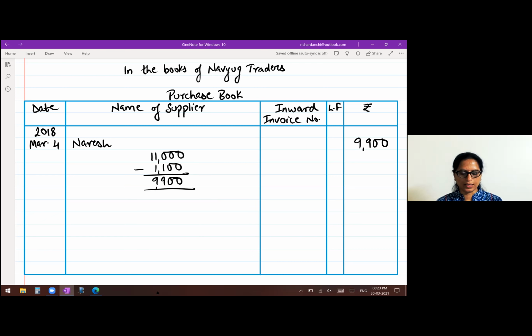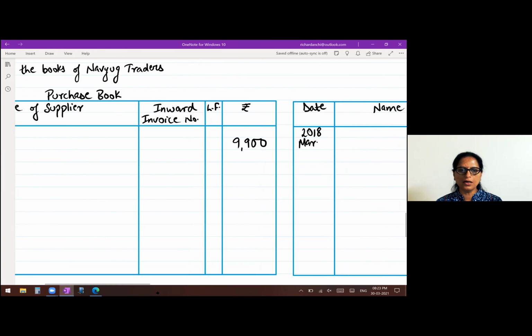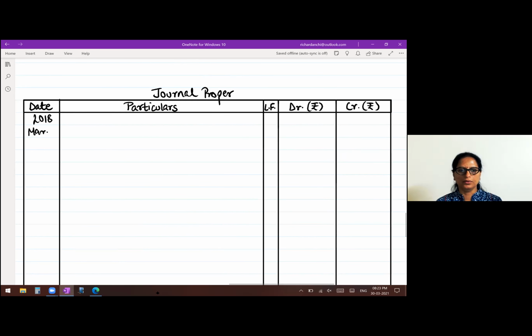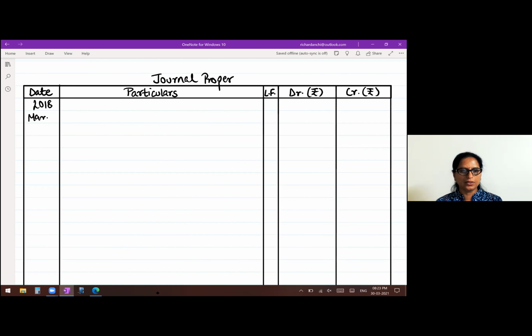Next is on the 6th. Purchased furniture from Messrs. Sham Furniture Works of rupees 15,000 for office use. So furniture asset, so you will write in the journal proper. So in the journal proper, see there 2018 March 6th.